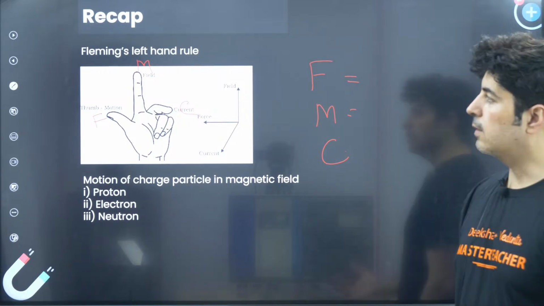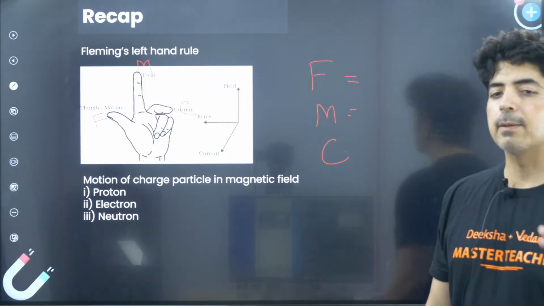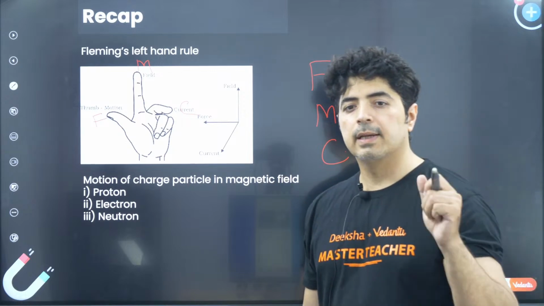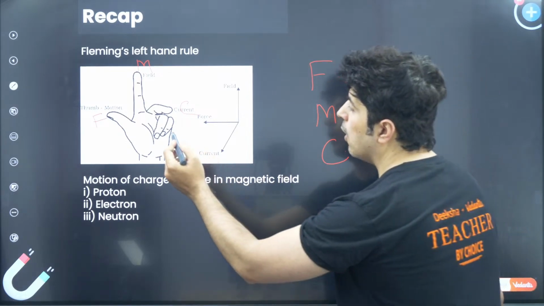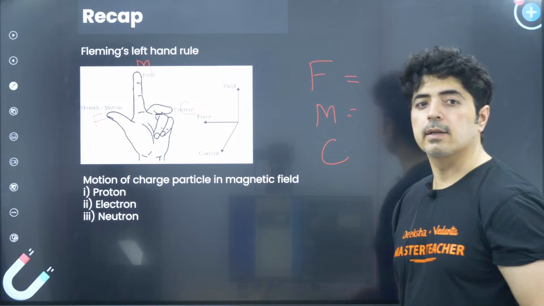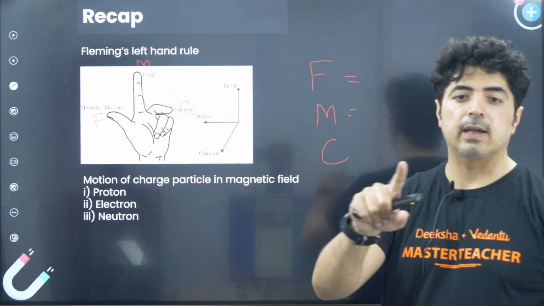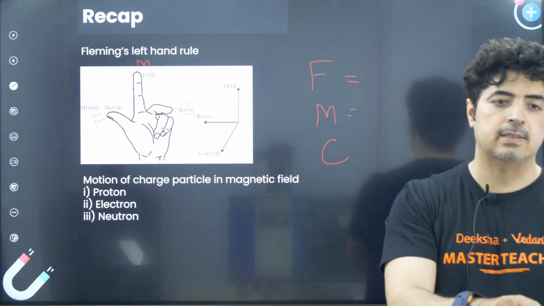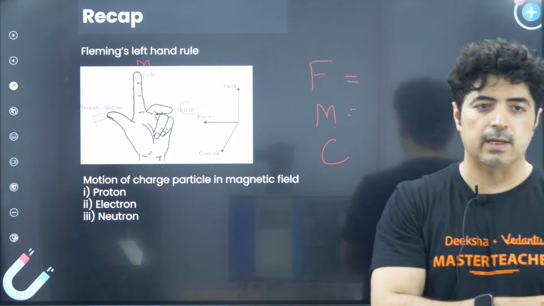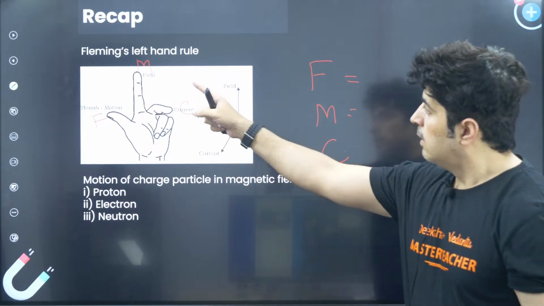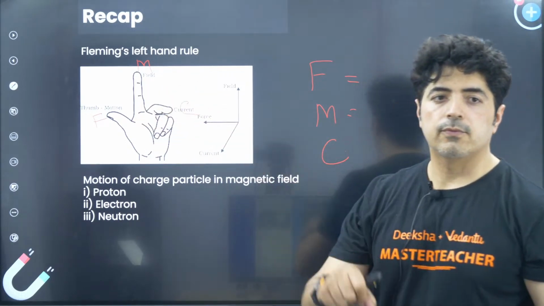Either way, both are correct, but the most important thing in this part is that all three are perpendicular to each other. It means force is perpendicular to magnetic field. Guys, this question was also asked in the past few years' board exams: what is the direction of force?